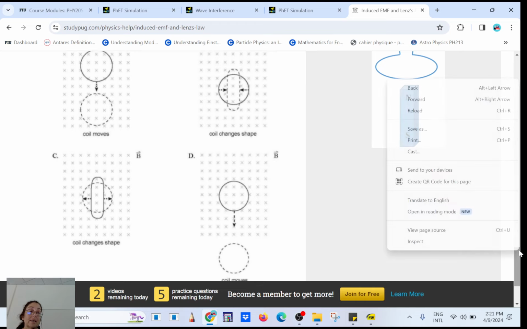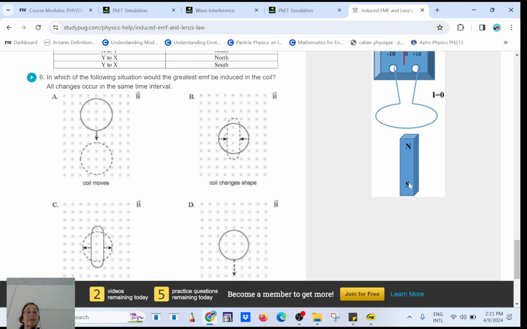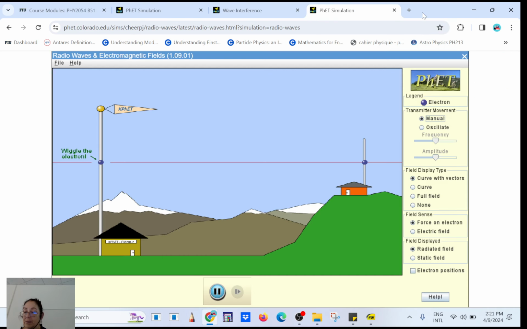So likewise here, if you bring the magnet toward, it's gonna flow this way, opposite, right? If you move away, it's gonna flow in the opposite direction to say, no, you don't, come back. I changed my mind. So that's how Lenz's law works.